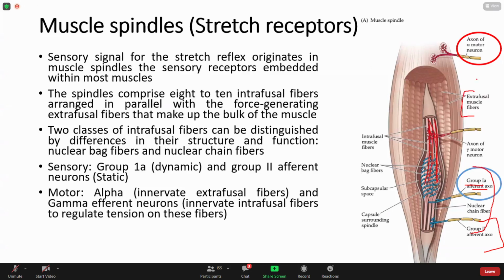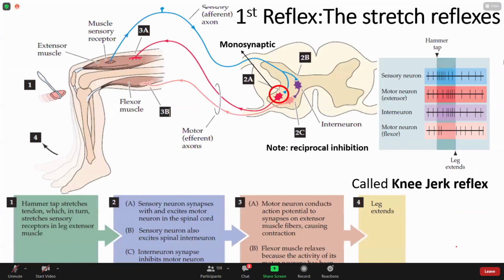So the alpha motor neurons mainly innervate the extrafusal fibers of the muscle cells, while the gamma motor neurons innervate which type of fibers? The intrafusal fibers. Very good. So we can see the gamma motor neurons here, innervating the intrafusal fibers of the muscle cell. Now, this is sort of what we need in order to go on to explain reflexes.